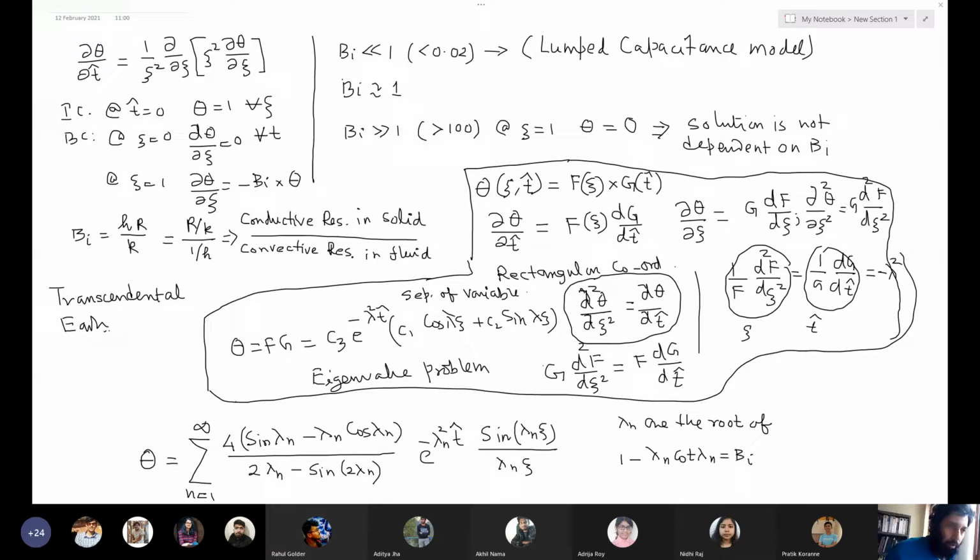Some questions are there about why we are using this equation to get lambda. That is a complicated thing, that you need some knowledge of the solution of partial differential equations using the eigenvalue method.